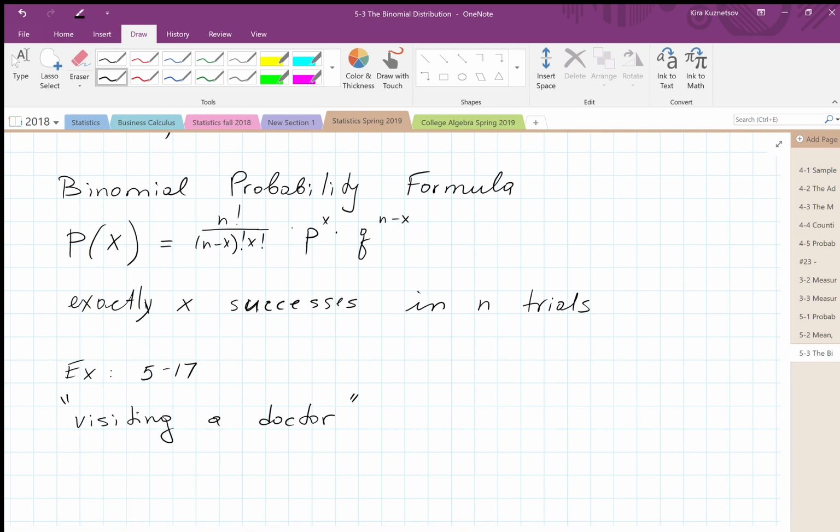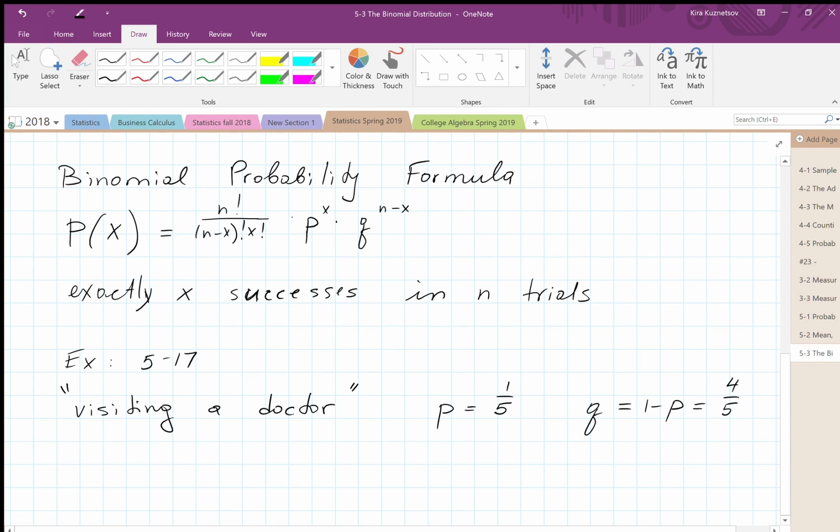We conducted a survey and found that 1 out of 5 said yes to my question. So that's the probability of success, P. That means right away I can find Q. Remember, Q is always 1 minus P. So in this case, it's 4 out of 5.